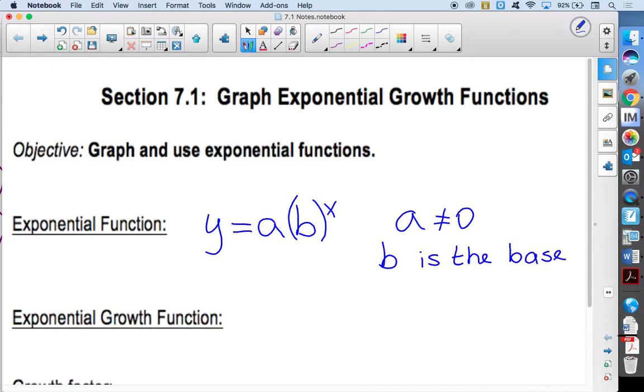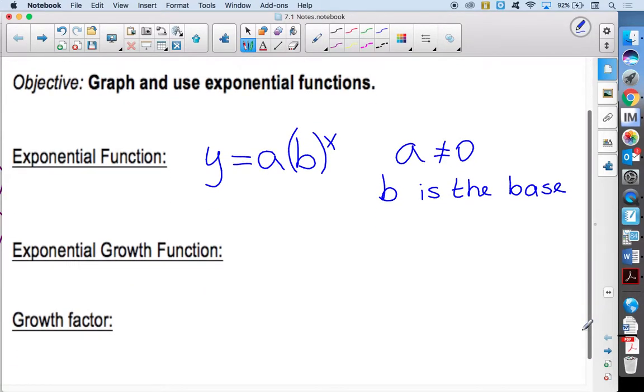So it used to be that our base was x and the exponent was 2. So now it's flipped. The base is going to be the number and the exponent will be the power. So in order for a function to grow, we have to have two things that happen. Our a has to be greater than 0. So it can't be negative, because then it wouldn't grow. It would decrease instead.